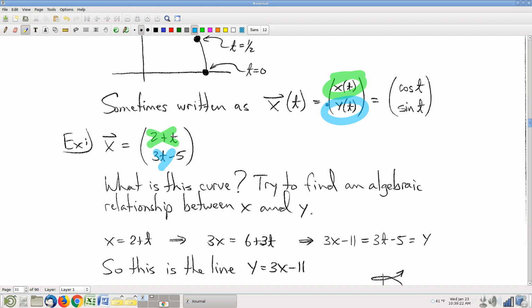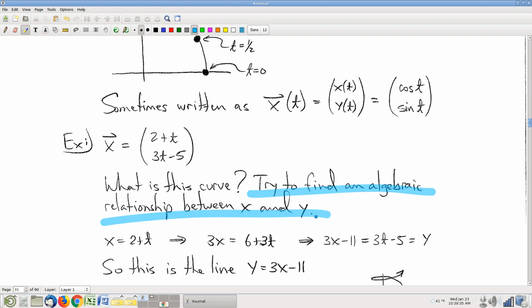Okay, so it's not immediately clear what this is. I don't recognize that from trig class or something convenient like that. So how do we identify it? Well, I encourage you to bang around and try to find some sort of algebraic relationship between these formulas. So, for example, wouldn't it be nice if this was always twice this?